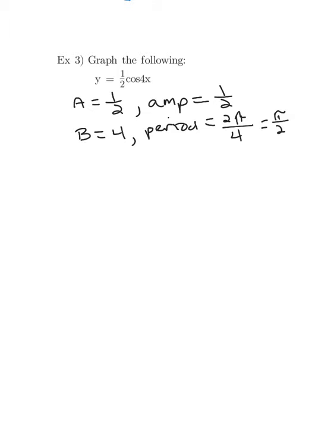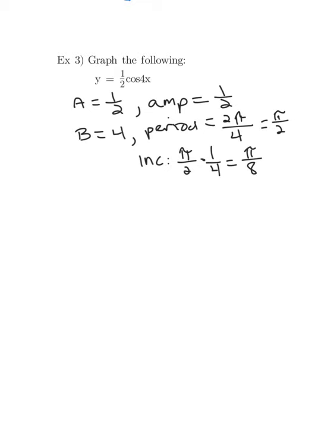Always go ahead and find the increments. You will find that to be very helpful. So for your increments, you take your period length that you just found of pi over 2 and divide by 4, or if it's already a fraction, multiply it by 1/4. This will give me pi over 8.